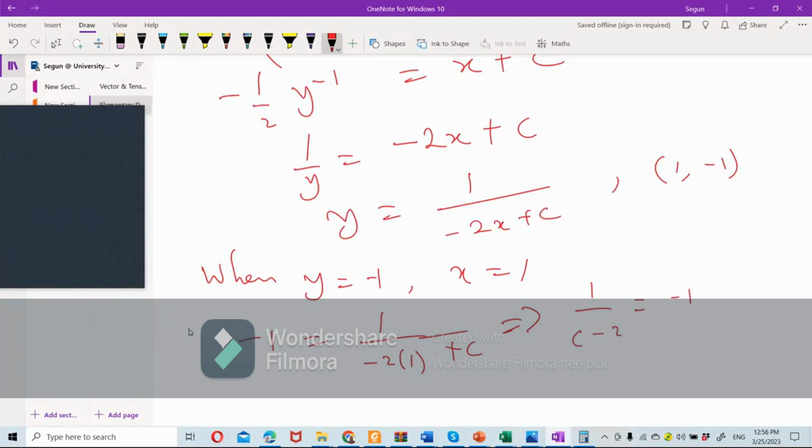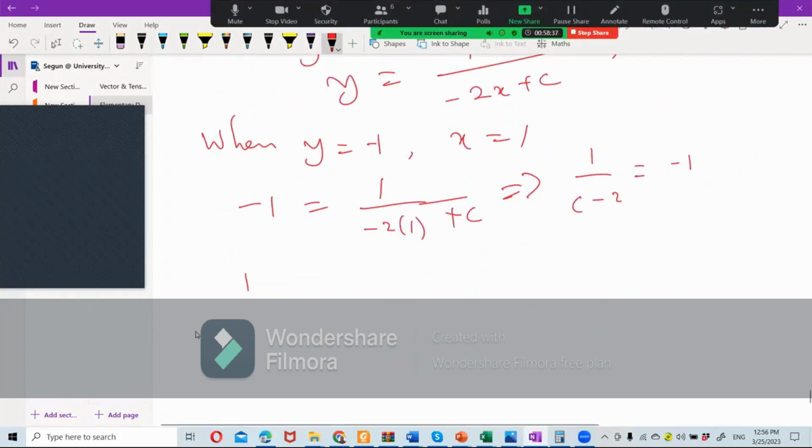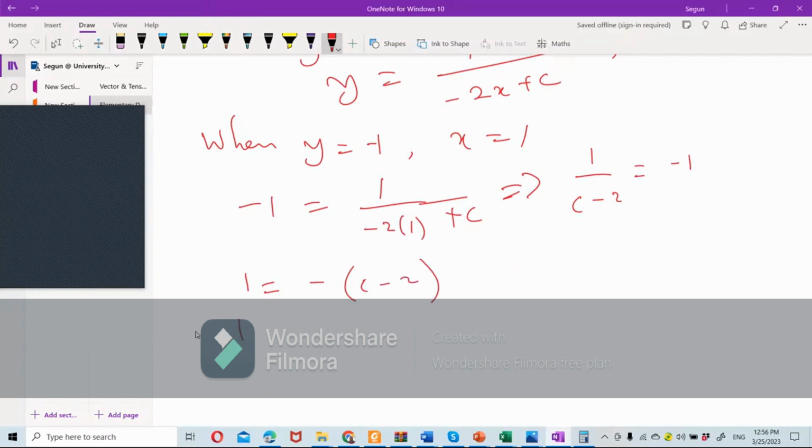When you cross multiply, what do you have? You have 1 equals negative c minus 2, so you have 1 equals minus c plus 2.